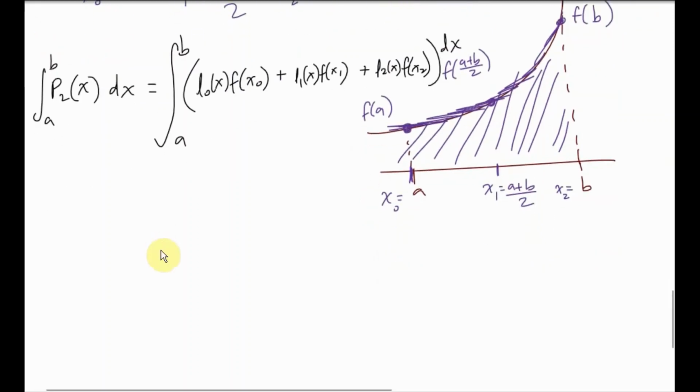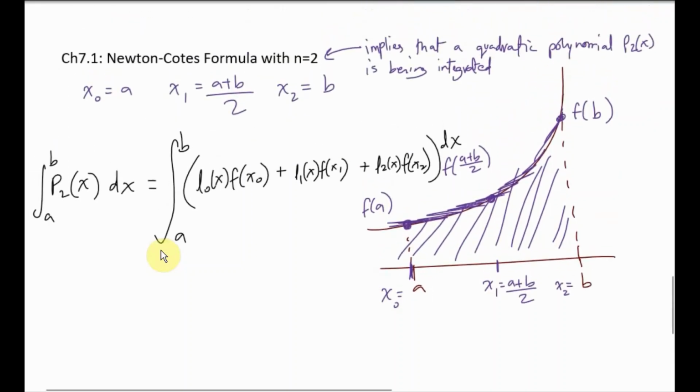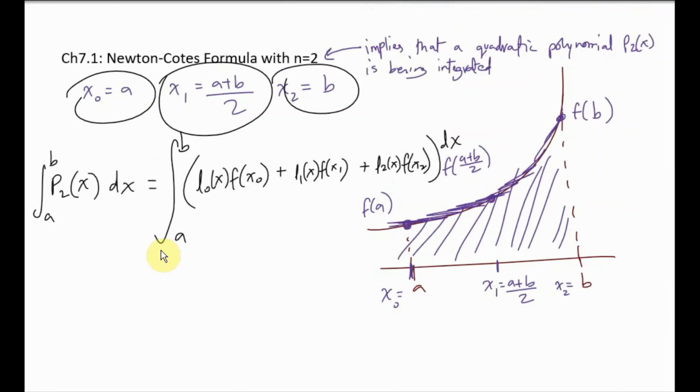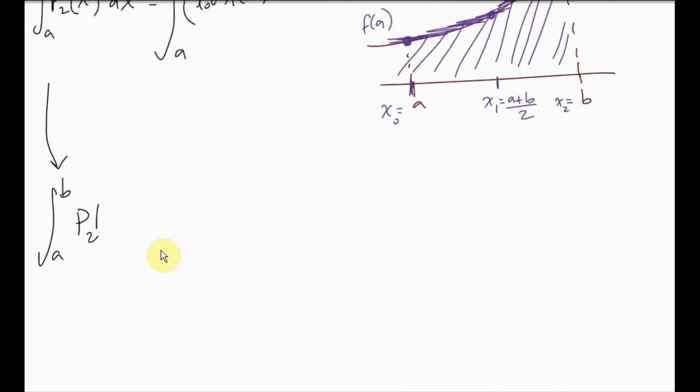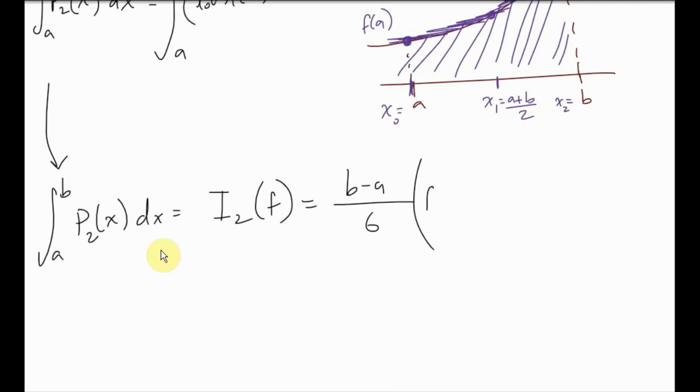I'm not going to go through each of these. If we perform the calculations, and again you have to replace x naught with a, x1 with a plus b divided by 2, and x2 with b, you're going to end up with this nice little formula. I2 of f equals b minus a divided by 6 times f of a plus 4 f of a plus b by 2 plus f of b.